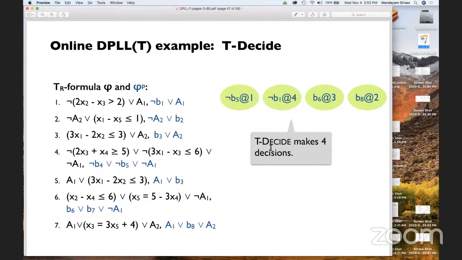So have some of you seen Simplex before? Most of you have seen it. If there are some people who have not seen the Simplex procedure, I'll cover it anyway.